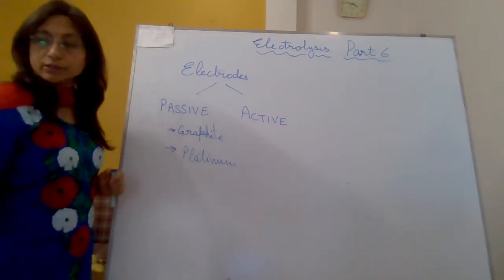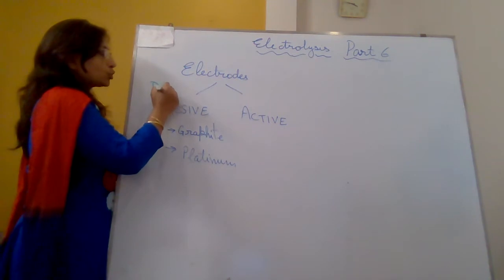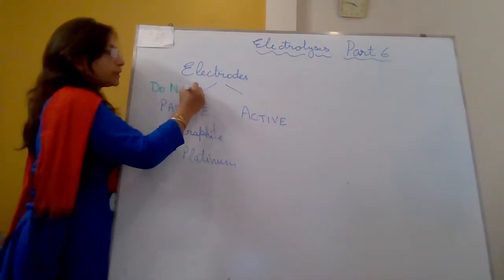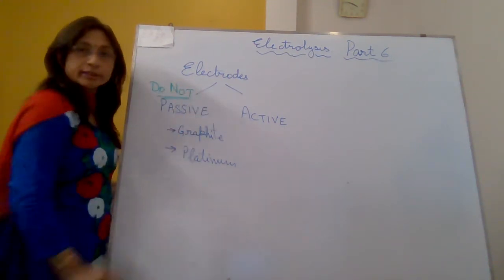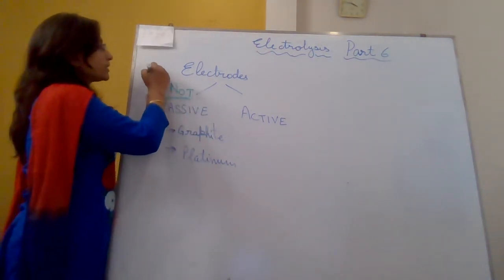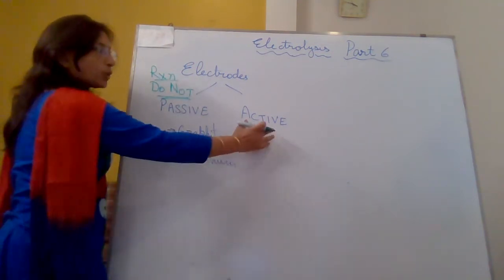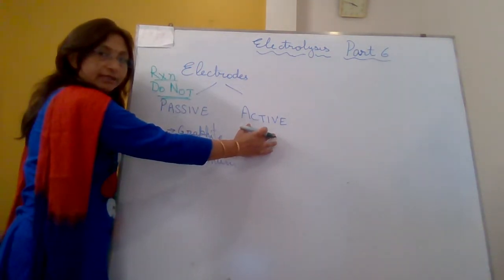Passive electrodes are the ones that do not take part in the reaction. And what are the active electrodes?